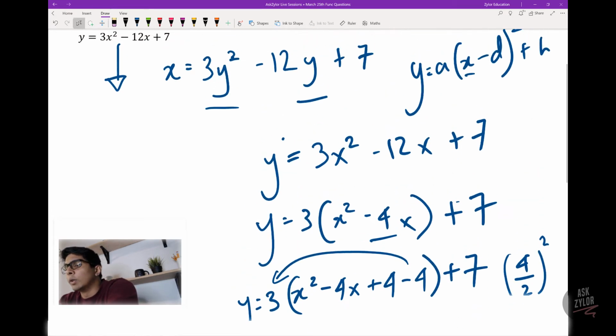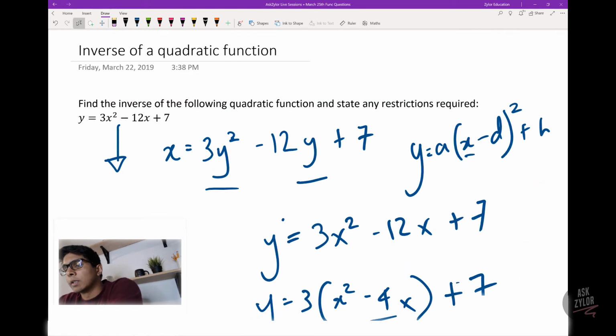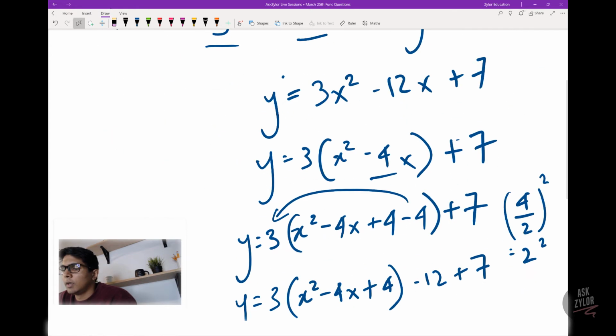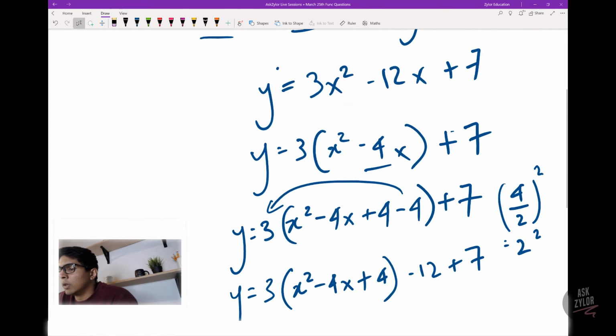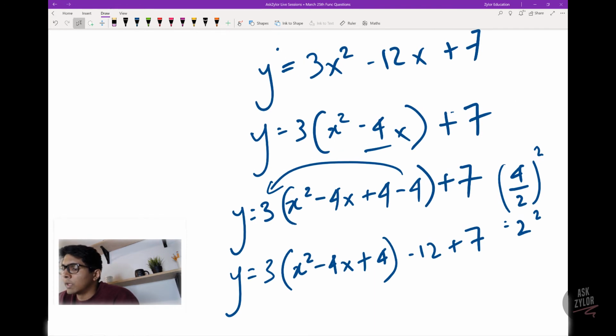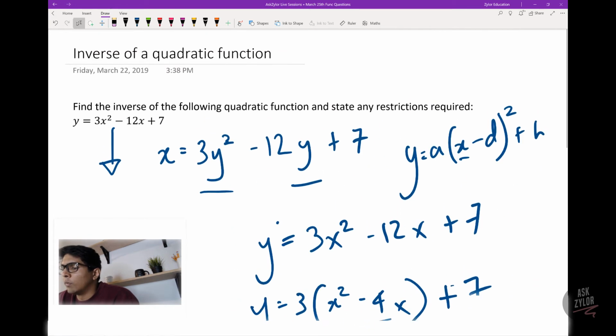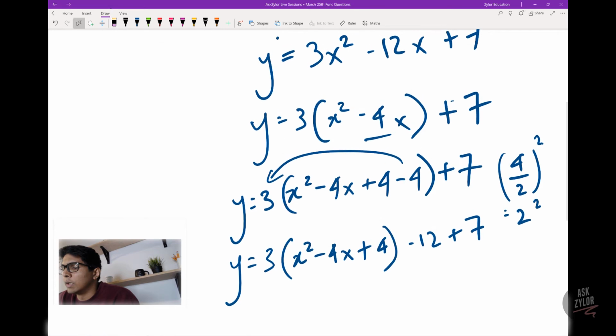So once again, we're going through the question which asks us to find the inverse of a quadratic function and to state any restrictions required. So we went through and we are finding the vertex form of the function so that we only have one term for us to interchange the x and y's with.